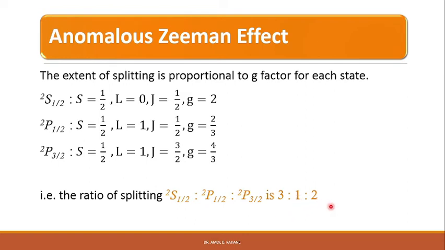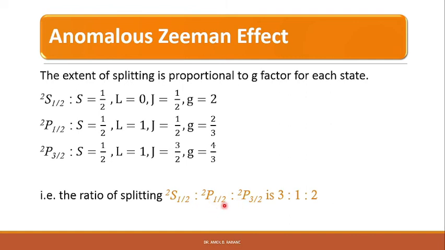That means if the splitting between the 2P half levels is 1, then the splitting between the 2S half levels is thrice that, and the splitting between the 2P 3 by 2 levels is twice that.